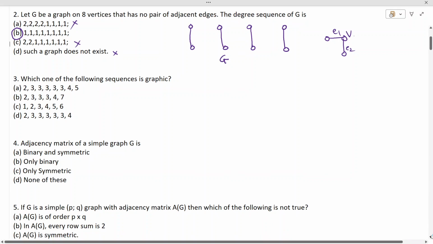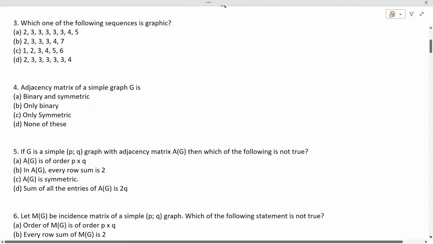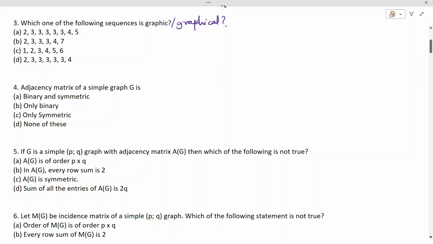The third question is: which one of the following sequences is graphic? Actually, it is graphical. By the handshaking lemma, we know that if there is a graph on p vertices, then the summation of degrees of all vertices in graph G is 2 times the number of edges.